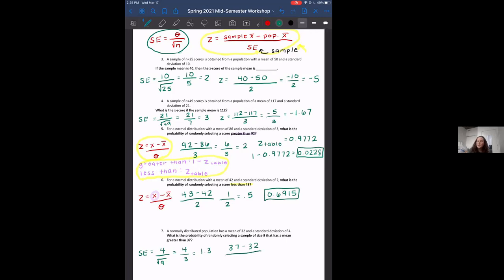Divided by, so now we divide by the standard error, which we said was 1.3. Okay. So 5 divided by 1.3. So what's 5 divided by 1.3? 3.85. Yes.